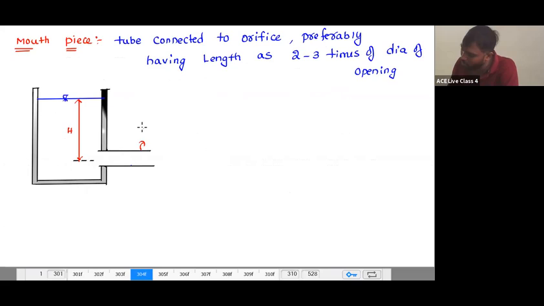So this is a mouthpiece, and we call it the external mouthpiece.